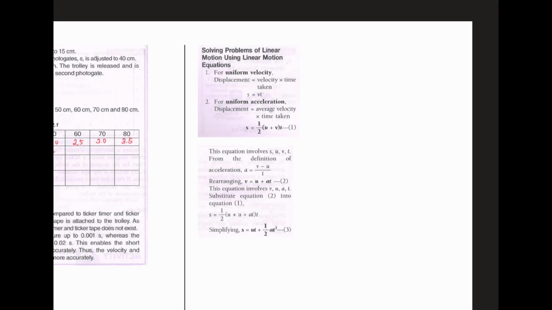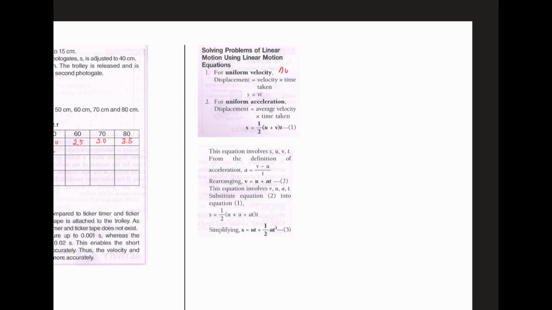Let's see here. Solving problems of linear motion using linear motion equations. Number 1, for uniform velocity. Uniform velocity means no acceleration.